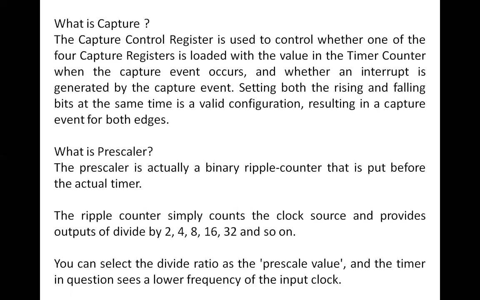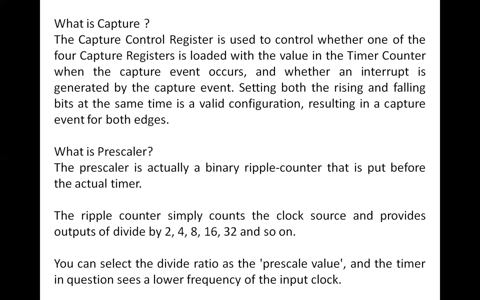Setting both the rising and falling bits at the same time is a valid configuration, resulting in a capture event for both edges. So remember, this is about the capture. So generally the capture is used in this way.